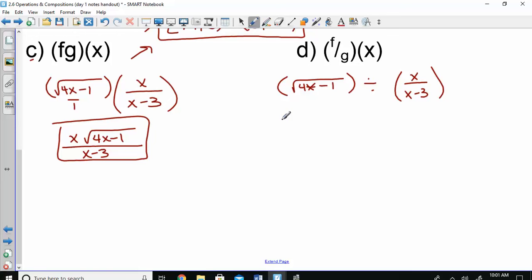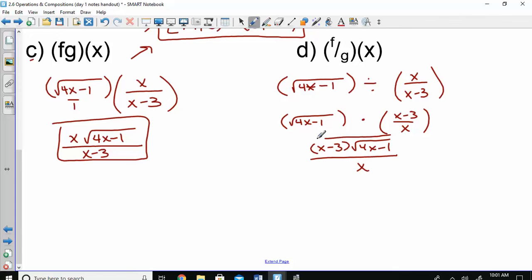Flip it. Flip and multiply. So you're just going to get an x minus 3 times the square root of 4x minus 1 all over x. Okay.